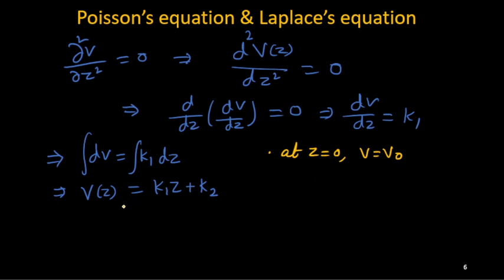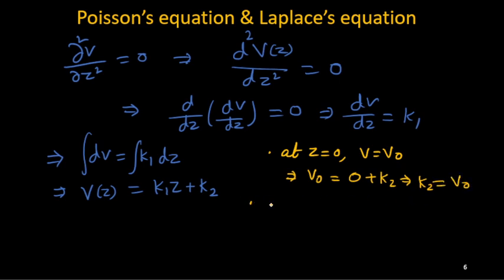If I use these things, I replace V of z by V0 and put z equals to 0 here. So this is 0 plus k2, that implies k2 equals to V0.